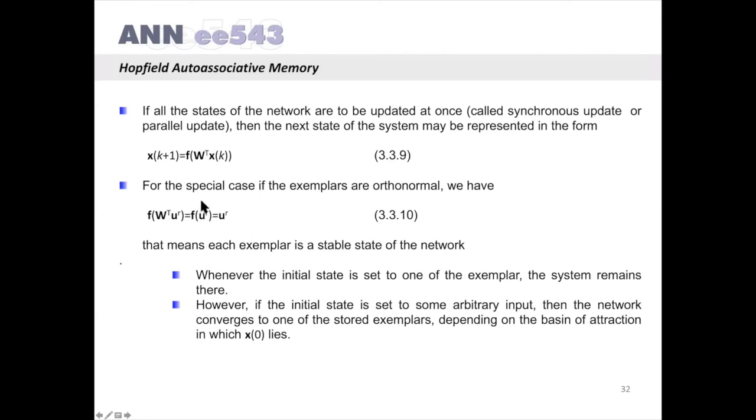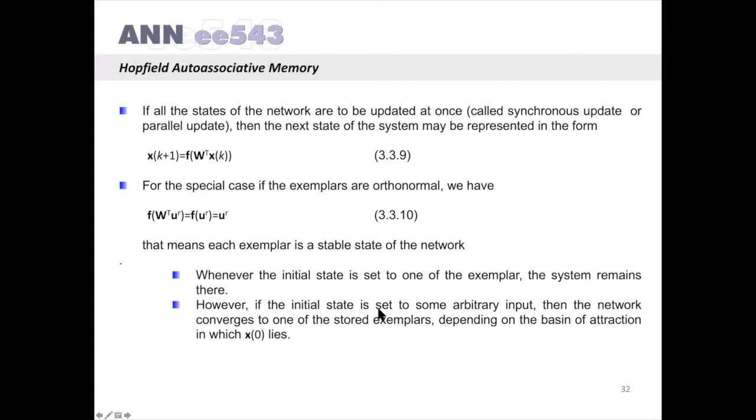Because in the U vector there is no value as 0, all the output values obtained are either -1 or +1, and they are the same as in the vector itself. Because of that, at the output, we will see U r. That means that each exemplar is a stable state of the network if the input patterns are orthonormal. Whenever the initial state is set to one of the exemplars, the system remains there.